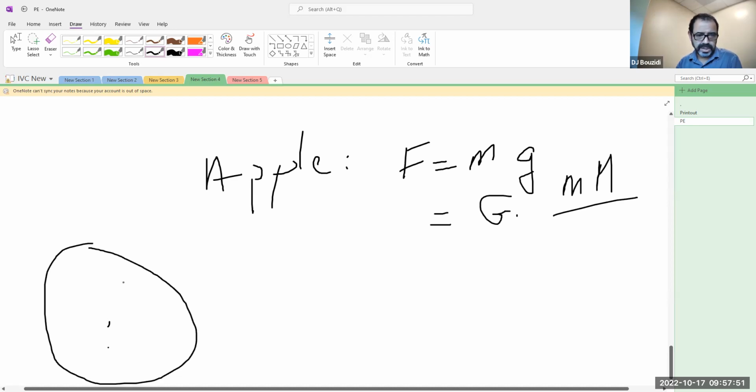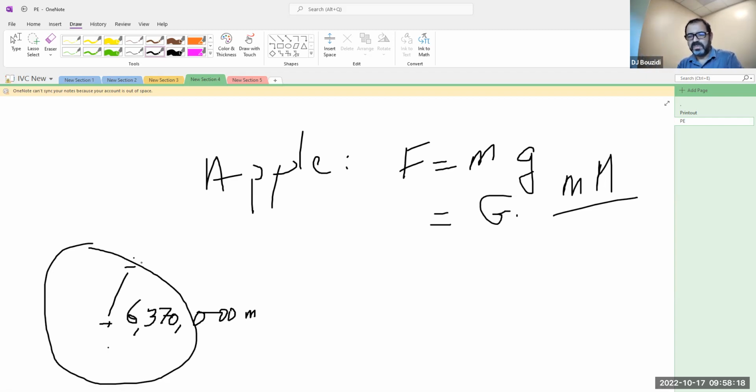The earth is huge, okay? This distance, 6,370 kilometers, or 6,370,000 meters, because we're doing it in meters. This number is the distance from the center of the earth in here. And when we drop an apple, we drop it probably from a meter height. 2 meters if you really want to smash the apple. 10 meters if you want to obliterate it.